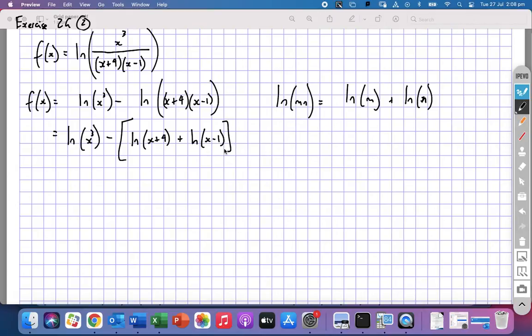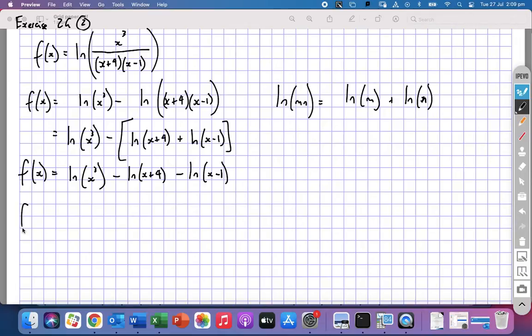And that should be obvious if I use brackets. Okay, so I've got minus log x plus 4. And then I've got minus log x minus 1. So nothing unusual there. You're used to dealing with brackets in that way.